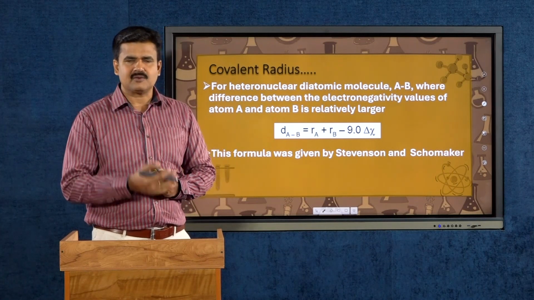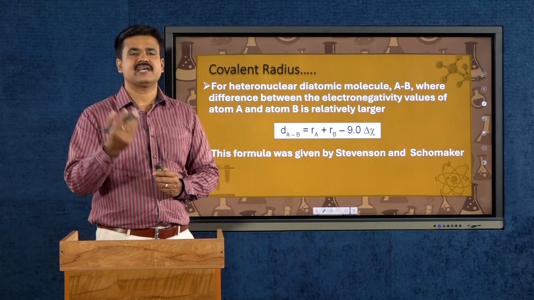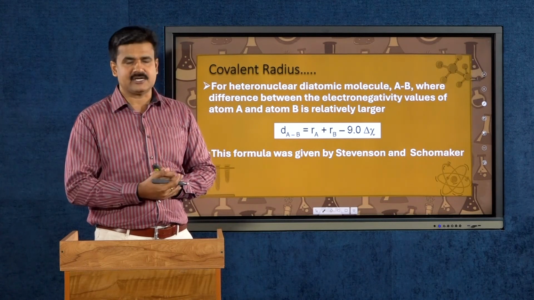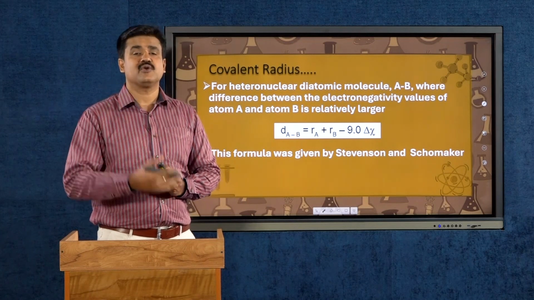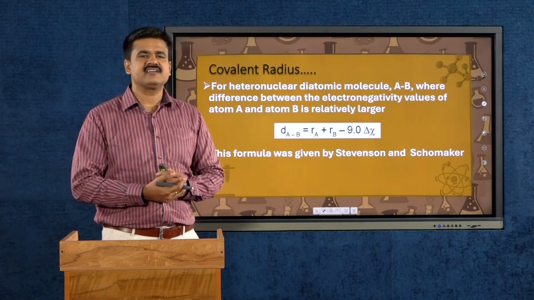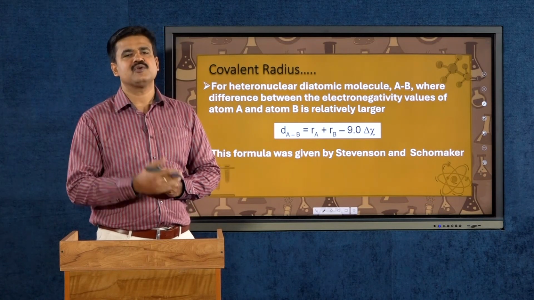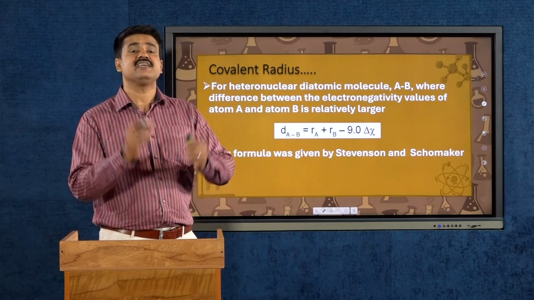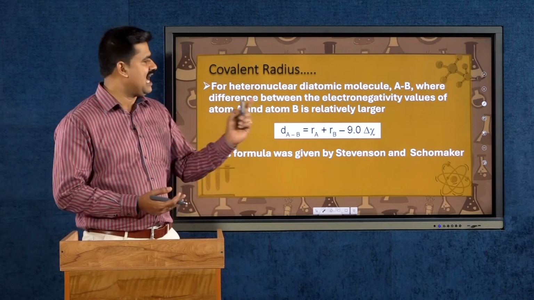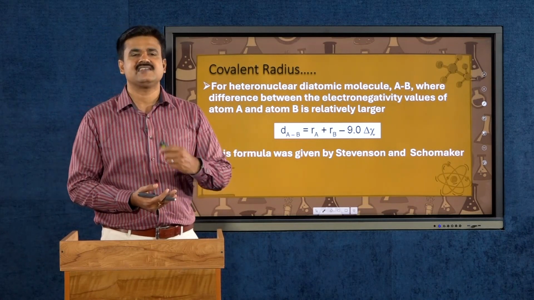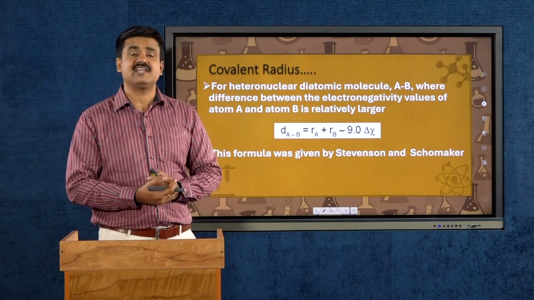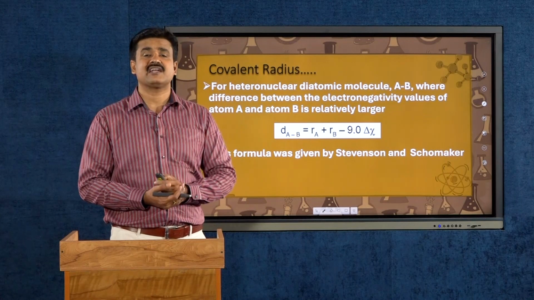So, you can calculate the covalent radius for homonuclear diatomic molecules, heteronuclear diatomic molecules with negligible difference in electronegativity, and heteronuclear diatomic molecules with considerable difference in electronegativity. For calculating the covalent radius of heteronuclear diatomic molecules with considerable difference in electronegativity, we have to use the Stevenson and Shoemaker formula, which is DAB is equal to RA plus RB minus 9.1 delta chi. Remember, delta chi represents the electronegativity difference between atoms A and B of the heteronuclear diatomic molecule AB.